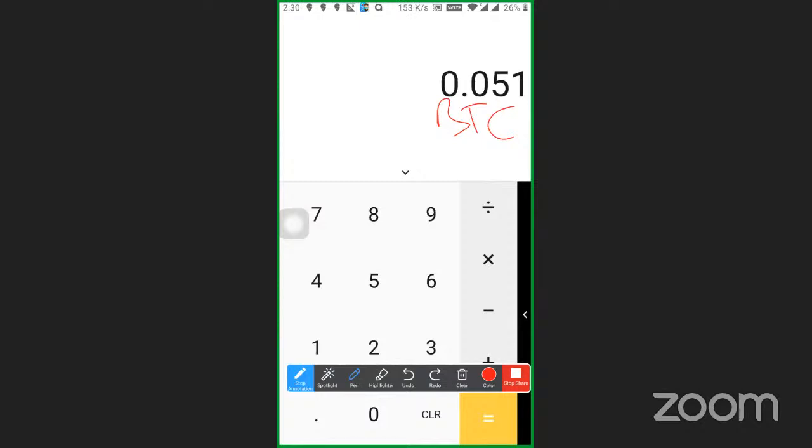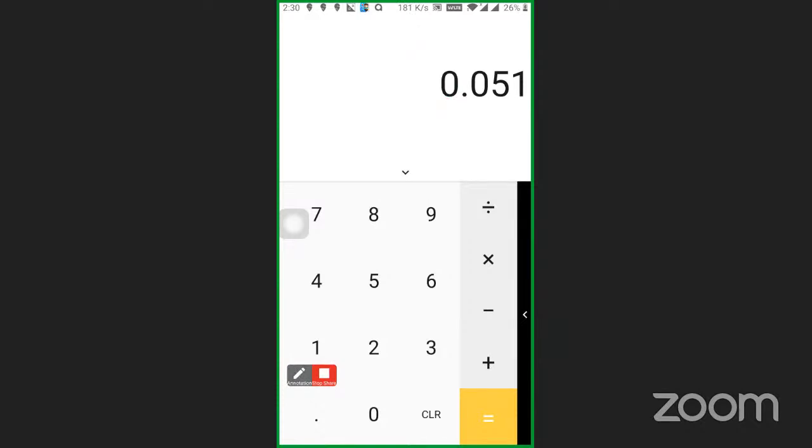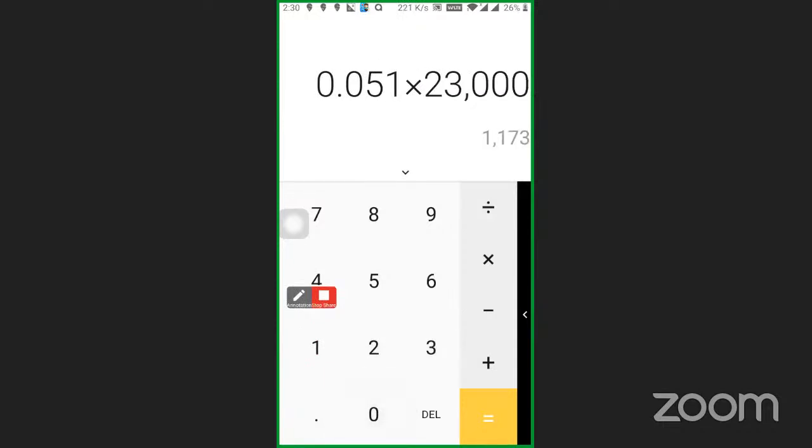And how much is it in value? If we want to calculate how much USDT we require for this amount of BTC, just multiply it with the current price. What is the current price? Let's take it as a round figure, 23,000. Maybe it is 100 or 200 above or below. Let's take a round figure, 23,000 USDT.